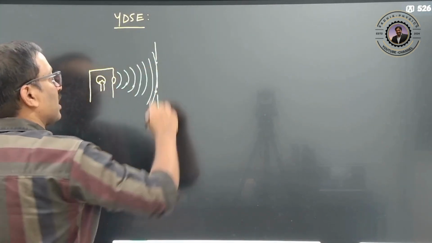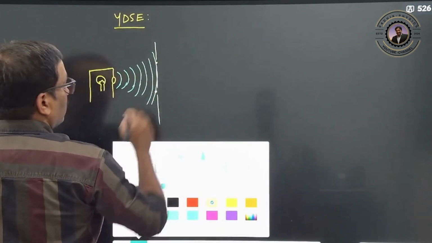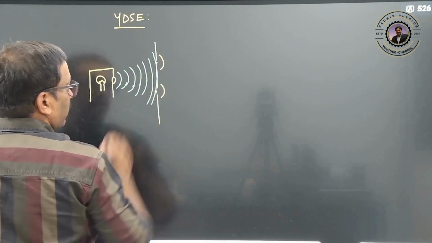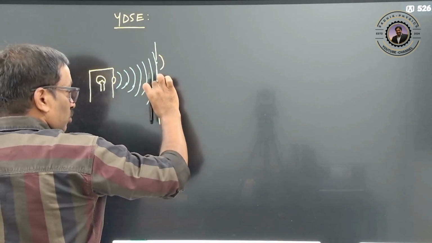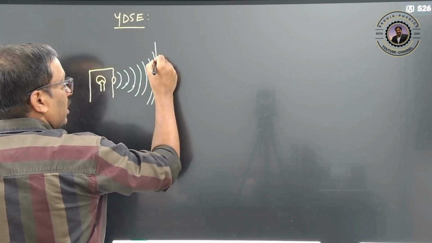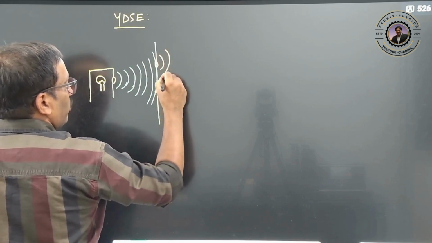This secondary source gives one more wave, so through this wavelet, through this one slit, one wave is coming out. So these two waves, what will happen now?